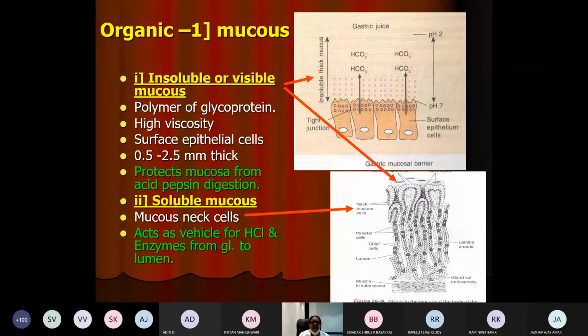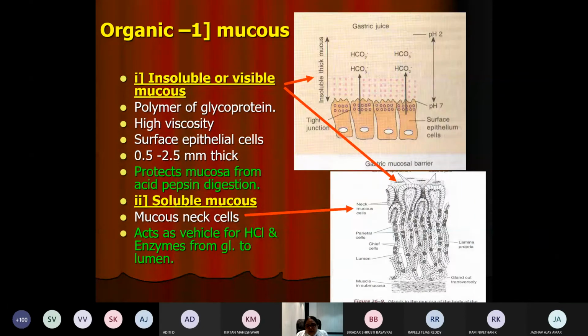So in organic, there is mucus. Insoluble or visible mucus, polymer of glycoprotein.